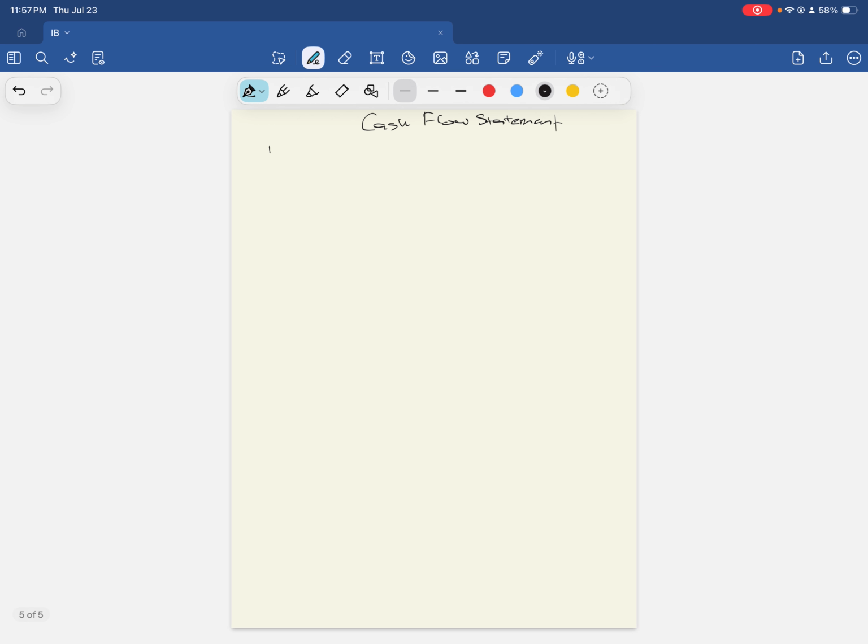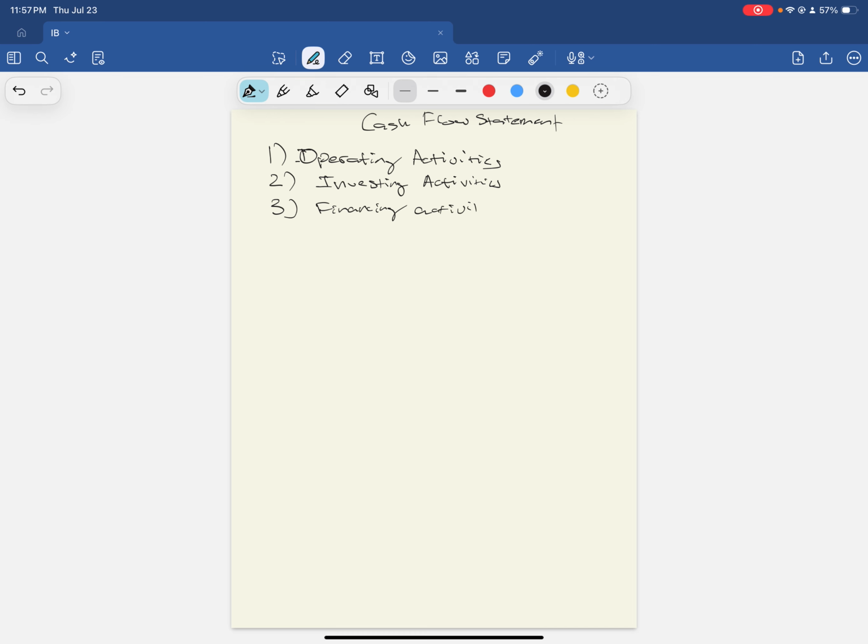So this is going to be split into your three main sections in your cash flow statement: your operating activities, your investing activities, and then your financing activities. Okay, so let's break down what each of them are.